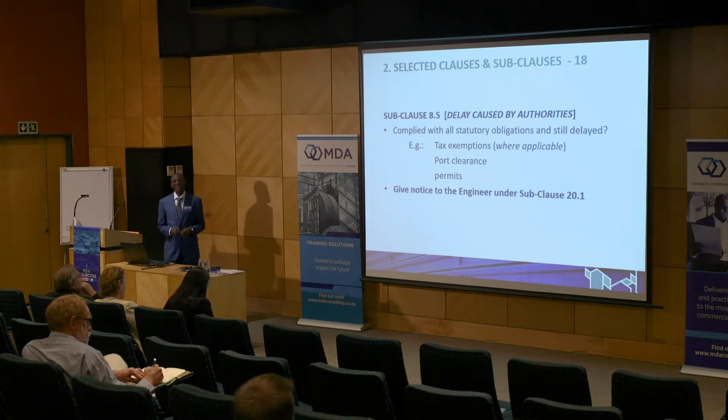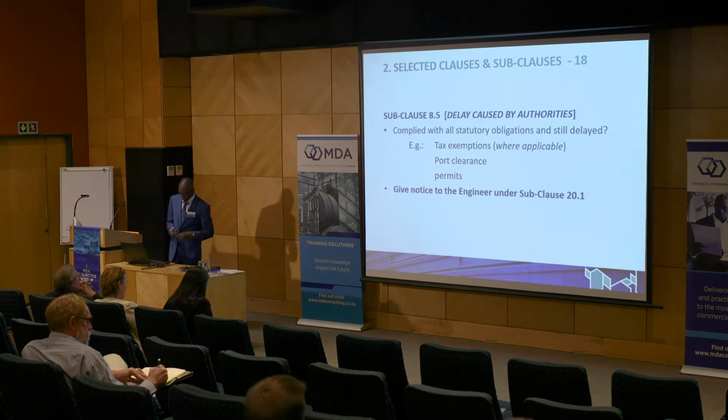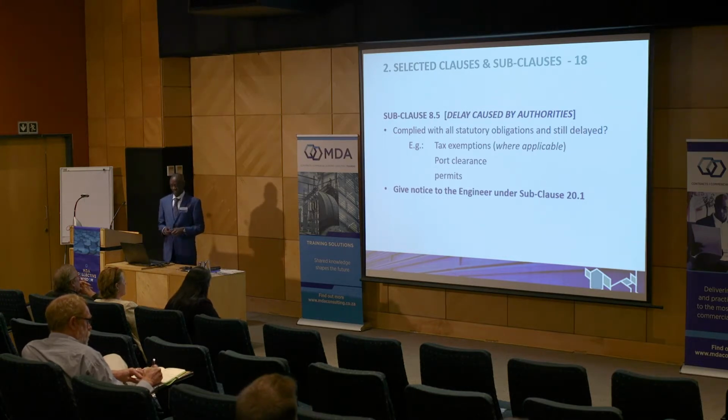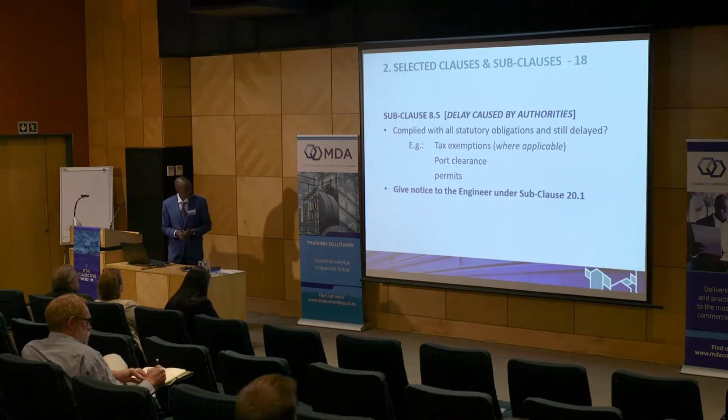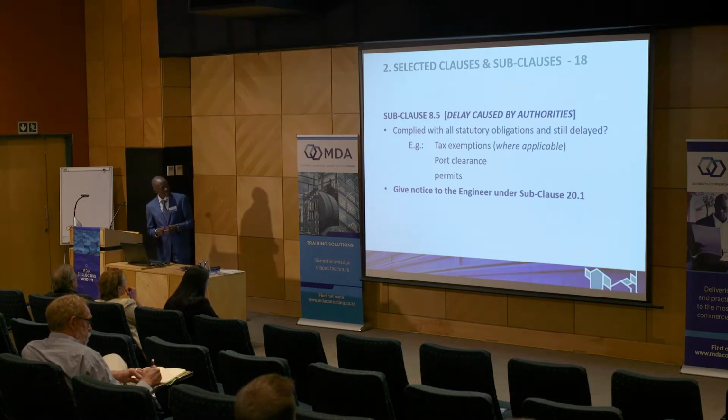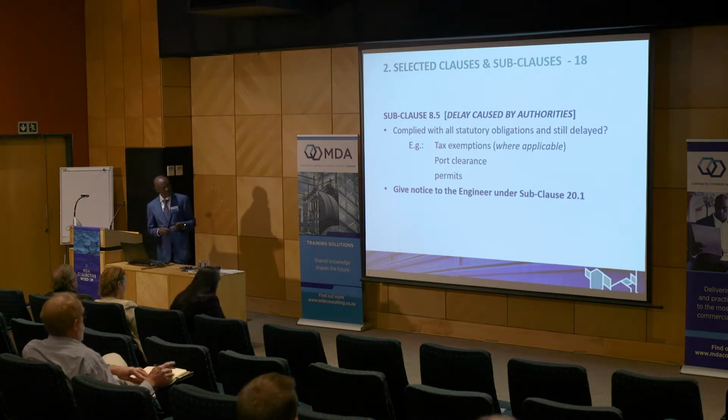Another issue which is common in Africa is delay caused by authorities. Sometimes the contractor might find himself complying with all statutory obligations, but still being delayed. Most of the time, delays come from the process of tax exemption, if the project is tax exempted, which takes longer.